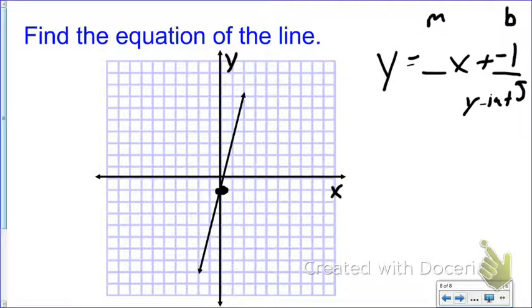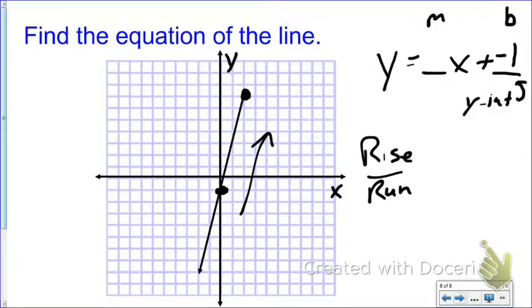Now, in one of the first slides of this lesson, we worked on how to find the slope. And remember, the way we did that with our fingers, if we had a picture, was we found 2 points that were on the line, and we went left to right. Remember, this is a positive slope because it's going uphill, and it's going to be rise over run, or up over right.